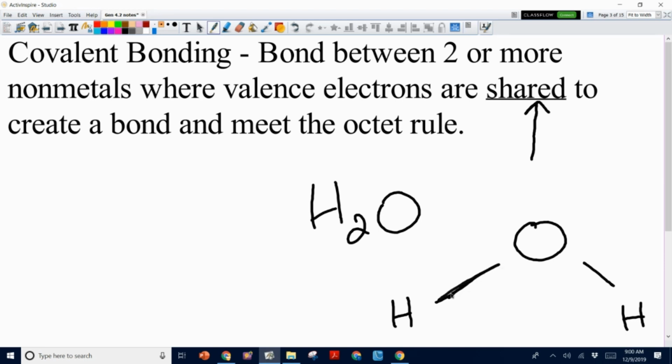These lines that connect the hydrogens to the oxygen are shared electrons between oxygen and hydrogen that create this bond, and we represent that with a straight line. A straight line between two elements is what we call a bond, and this is made up of one electron from oxygen and one electron from hydrogen. So two electrons. Each line is two electrons.